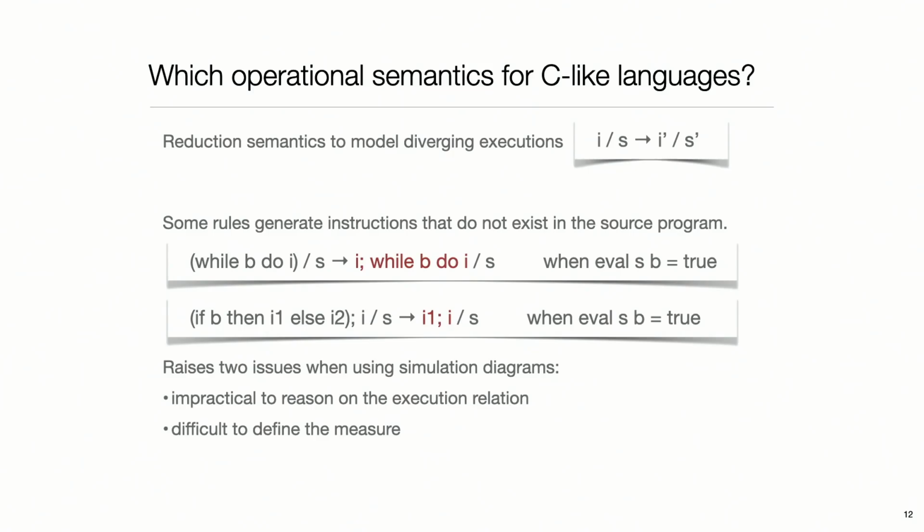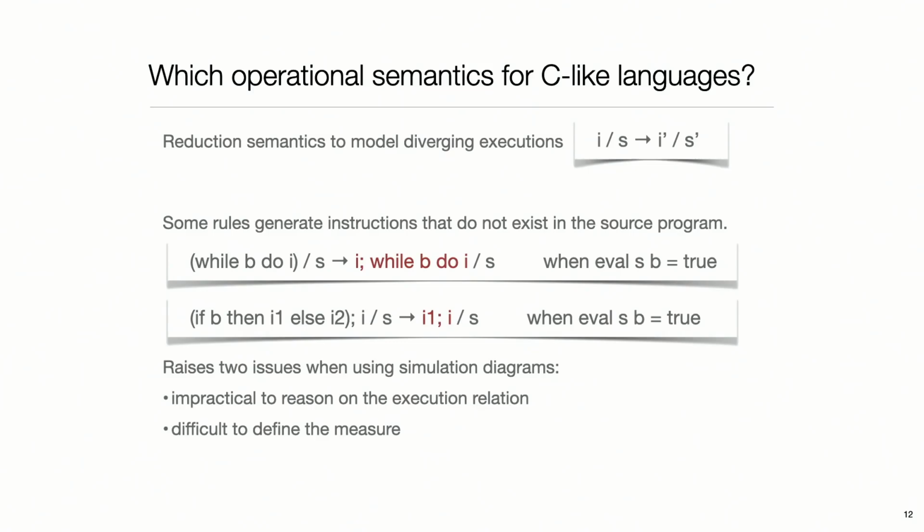Another example is the rule given here for the evaluation of an if statement whose condition evaluates to true. In the same way, these rules generate instructions that do not exist in the source program. So this is a problem because we need to make a correspondence between target instruction and source instruction.